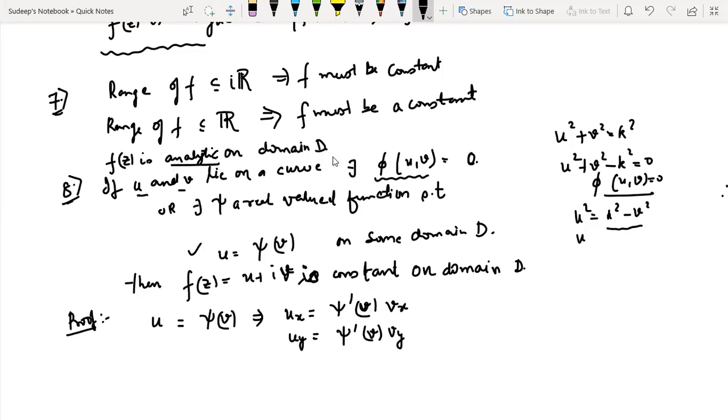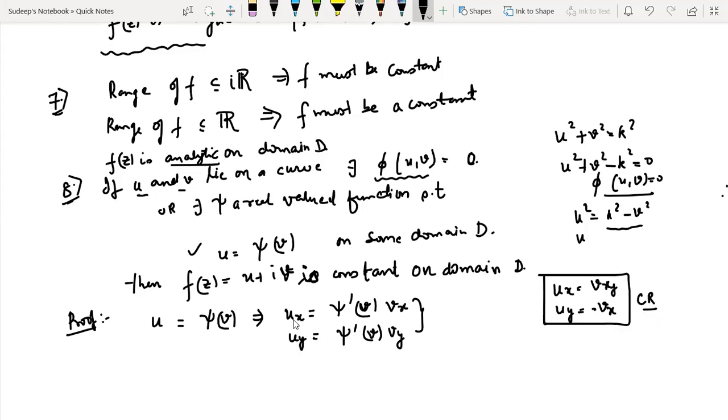So I already know that ux is equal to vy, and uy is equal to minus vx. So these are the Cauchy Riemann conditions.